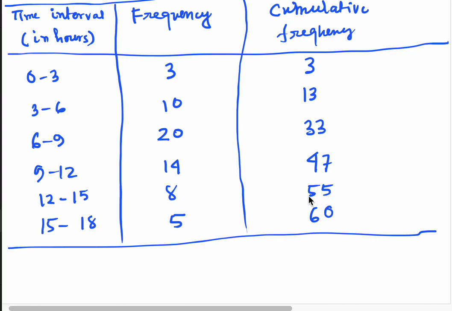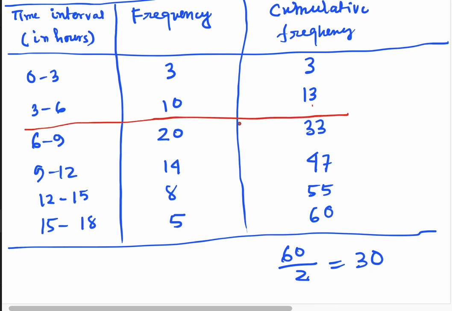Now we have to calculate the median. For that we first find the median class. The total is 60, so 60 by 2 is 30, which belongs to the class with cumulative frequency 33. So the median belongs in this class.